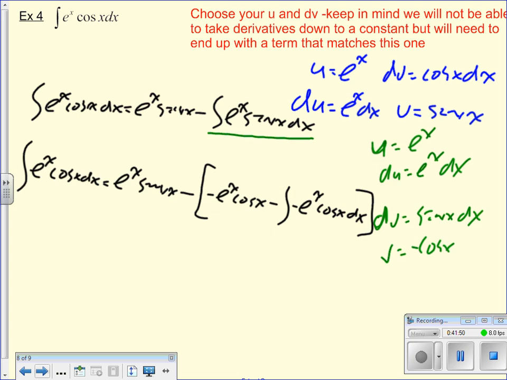Okay, stop, chill. Why is it negative? Because what's our v? Negative cosine. Watch your negatives and positives.